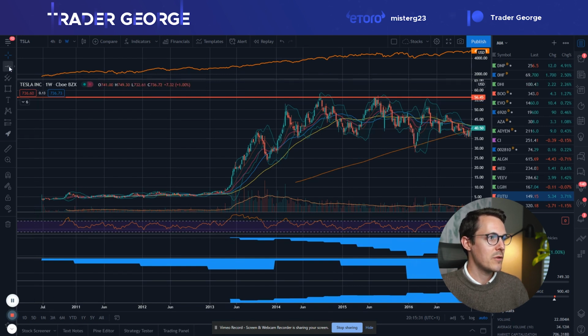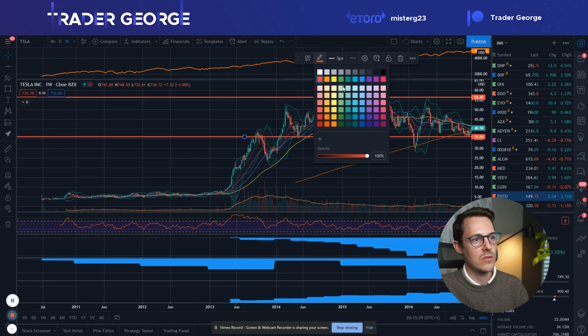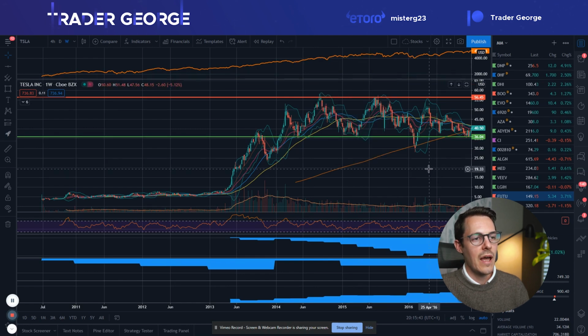So there's a few things you can do. One is I would just draw this level in because it seems to be important, and you can switch it to a green. And then the other thing you can do, if there's something like this going on, which is kind of ruining your chart a little bit, but you still want to take it into account, is you can add it as a rectangle.